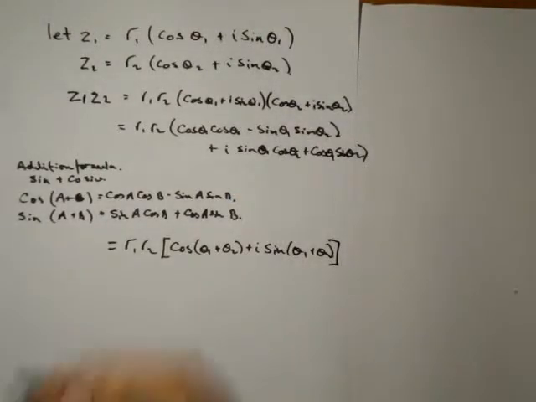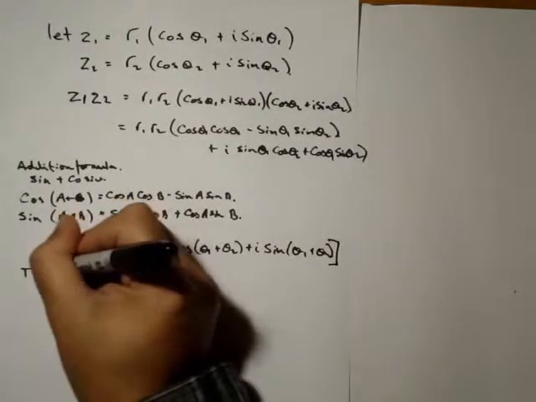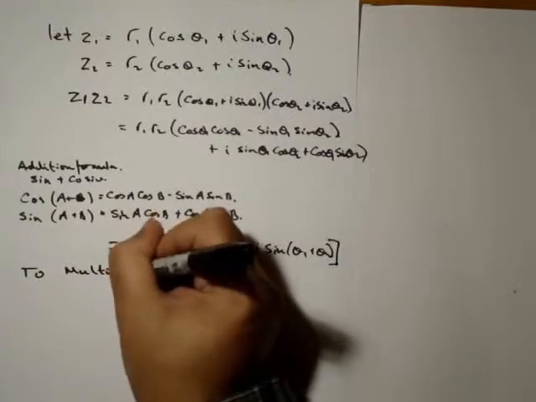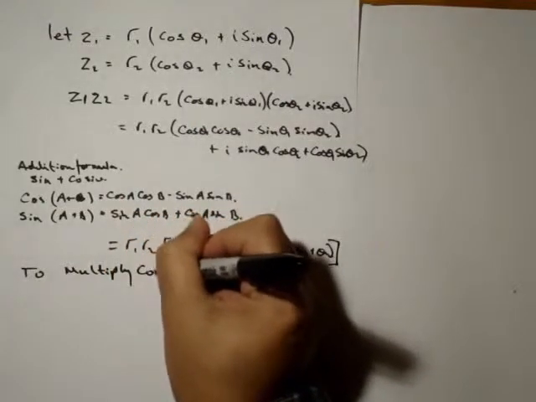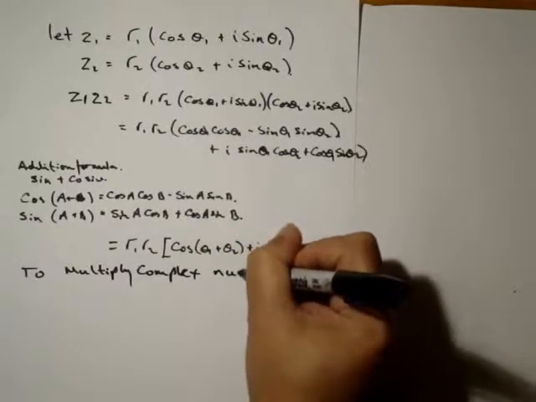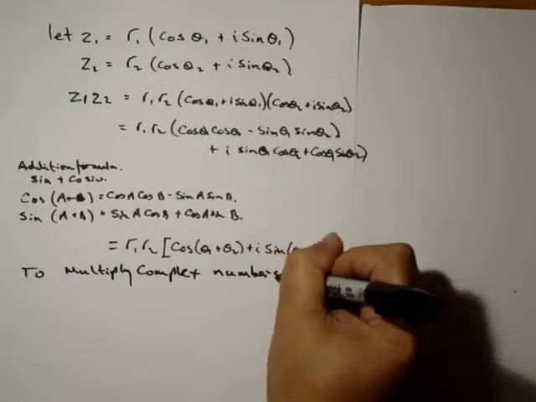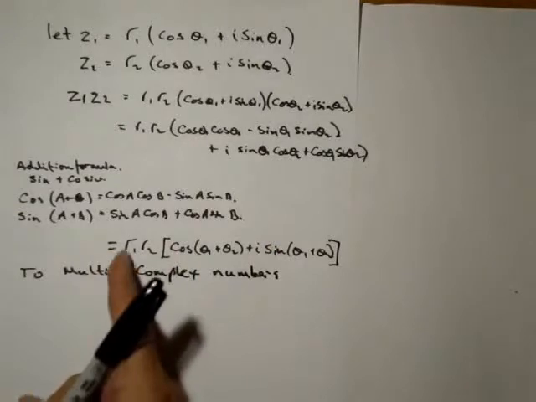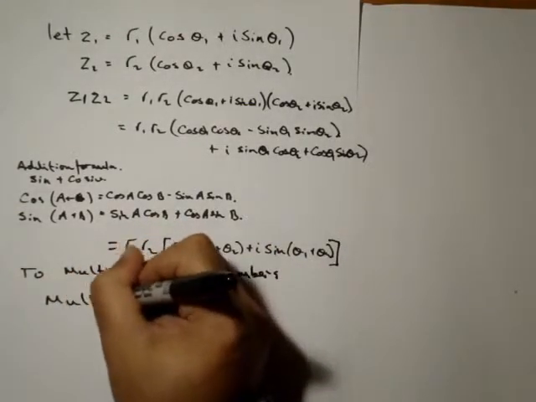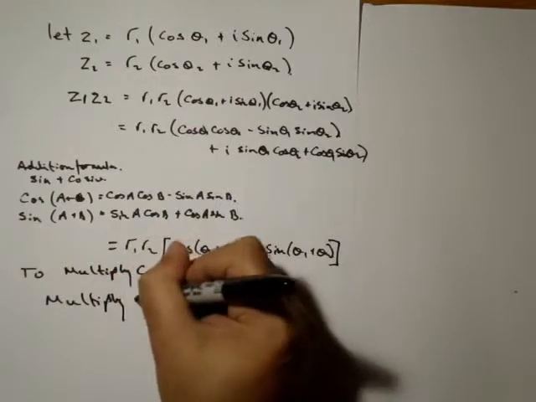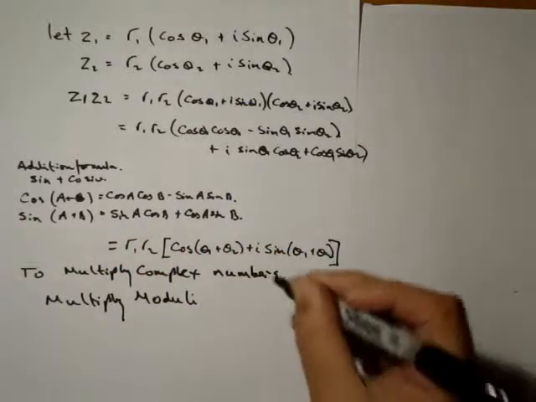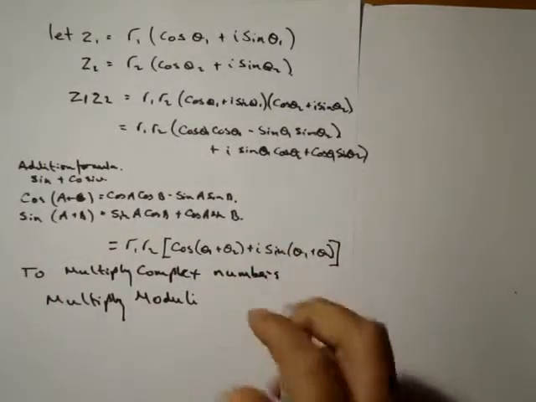So this says to multiply complex numbers we multiply the moduli, which is r, and add the arguments, which we're doing here.